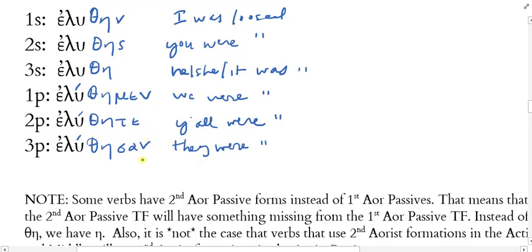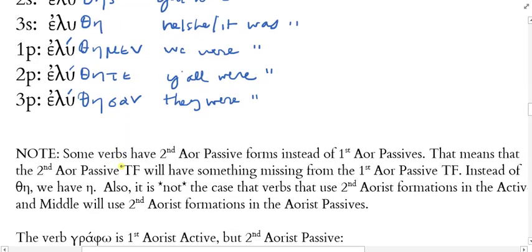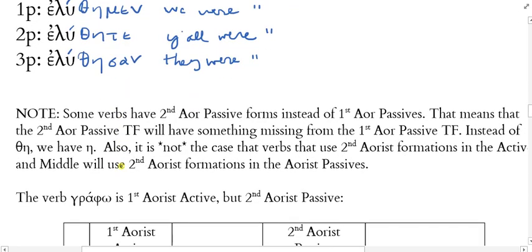Okay. All right. Now, here's something important to note. Some verbs have second aorist passive forms instead of first aorist passive forms. That means that we're going to use the second aorist passive tense formative. As we mentioned, it's always missing something that's in the first aorist tense formative. Instead of theta, eta, we just have the plain eta here.